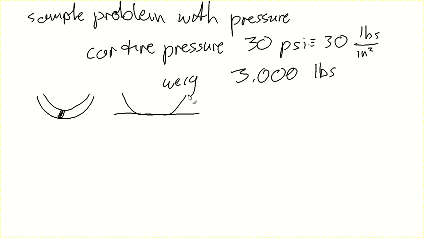Basically, in order for the car tires to exert 3,000 pounds of force, that's going to be all coming from the air pressure inside the tires, because the rubber, it's pretty stiff, but compared to the weight of a car, it's not really much.